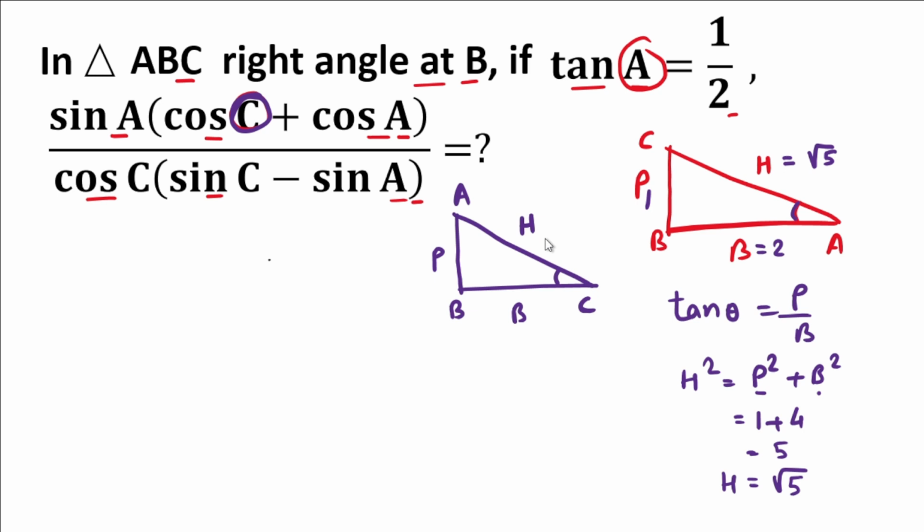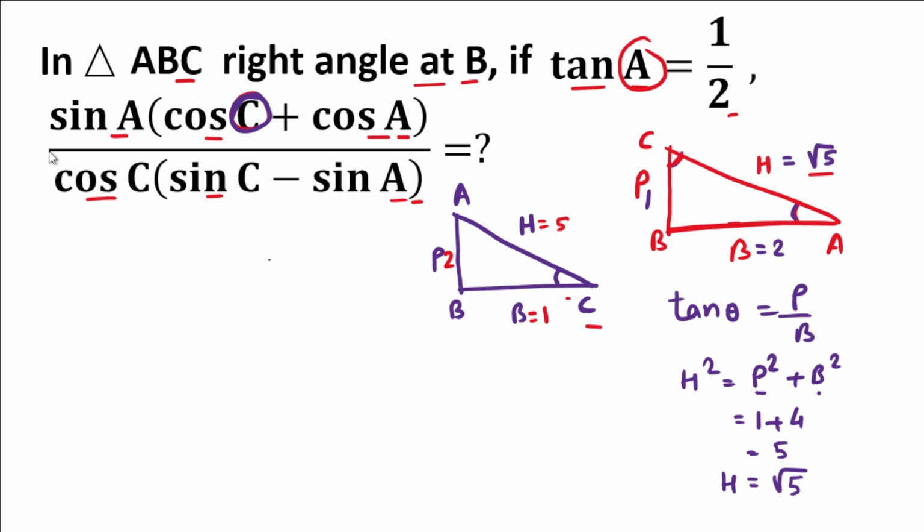So for angle C the base will be 1, the perpendicular is 2, and the hypotenuse is common, square root 5.